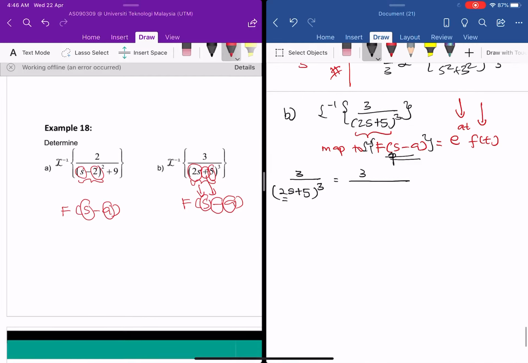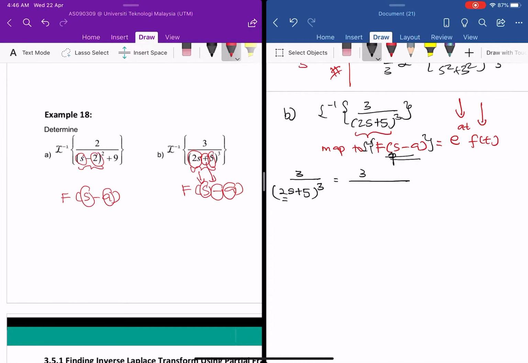I put a bracket with 2 outside: 2 multiplied with s will be 2s, plus 5 over 2, to the power of 3. Why 5 over 2? Because 2 multiplied with s is 2s, and 2 multiplied with 5 over 2 you obtain 5. You obtain the original one. So we move the 2 so that we obtain s here.